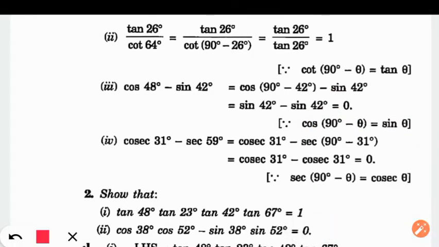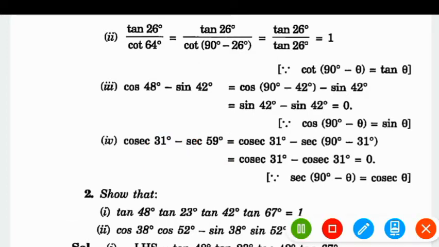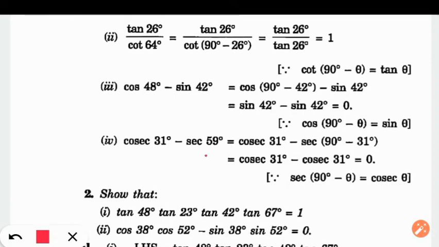Fourth one, again 59 and 31 degree are complementary to each other. So change any one of them. In place of 59 degree, can we write 90 degree minus 31 degree? 90 degree minus 31 degree gives you 59 degree, right?